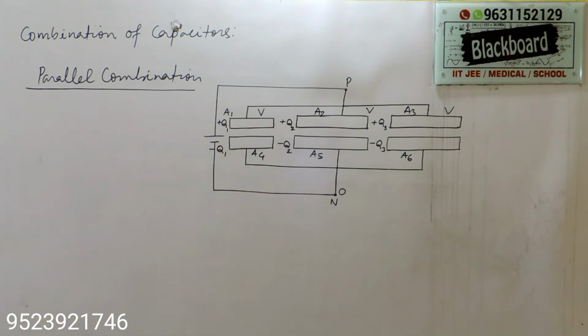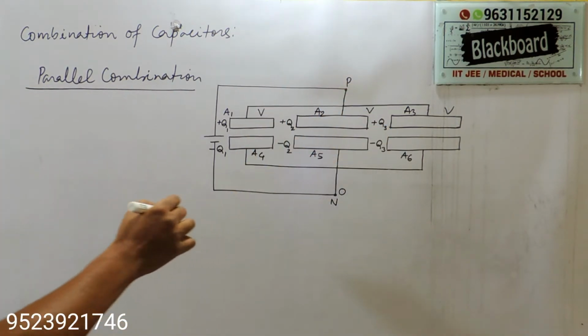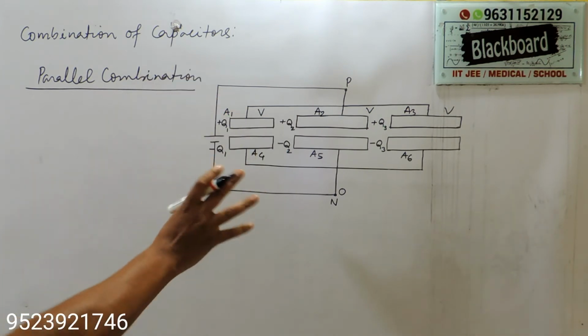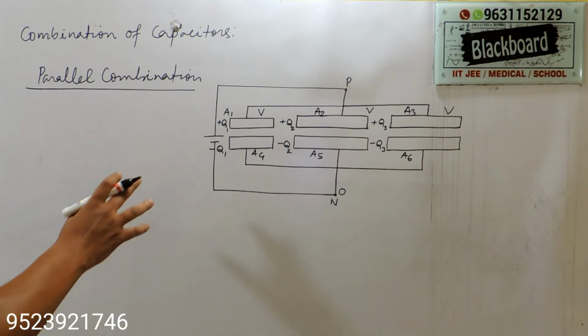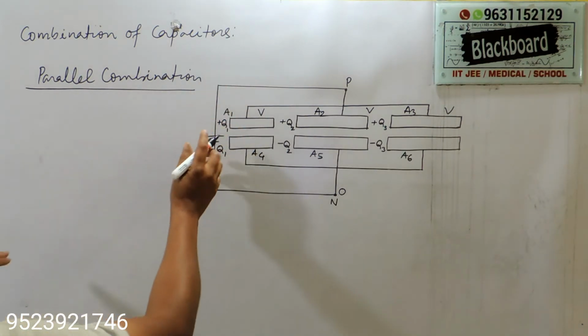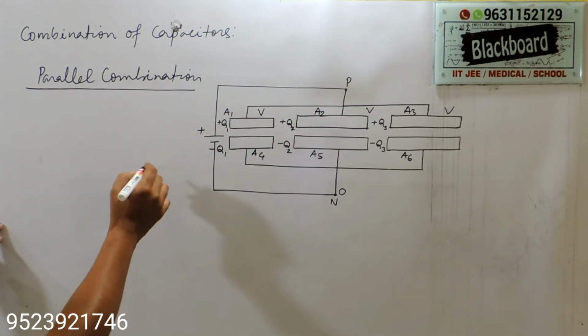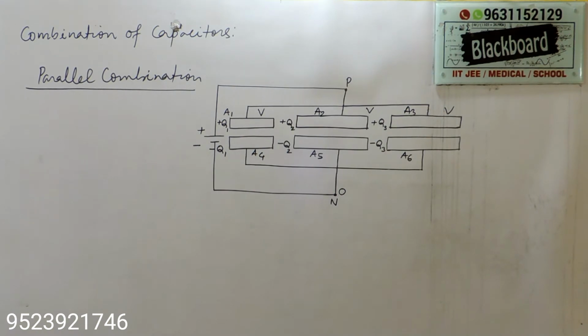The points P and N are the points through which potential difference can be applied and charge can be supplied. Let us connect the point P to the positive terminal of the battery, and N to the negative terminal of the battery.